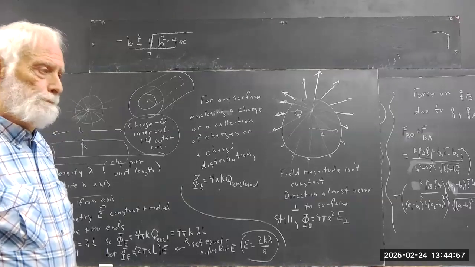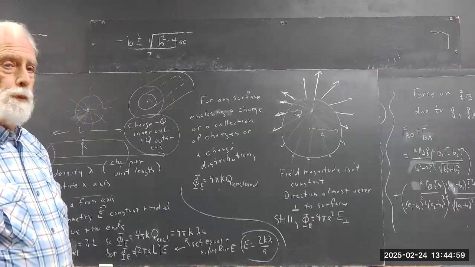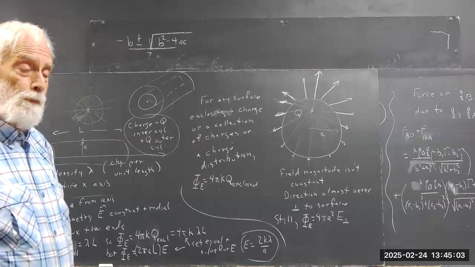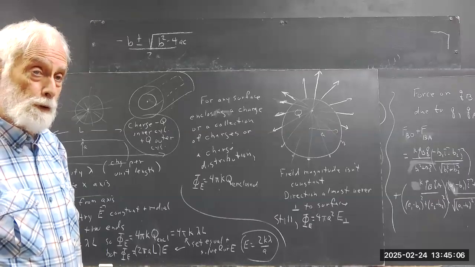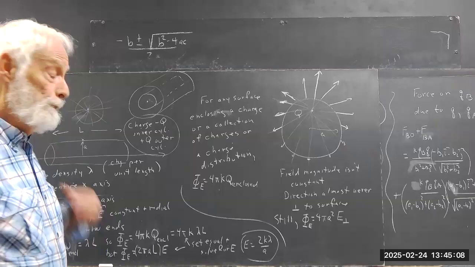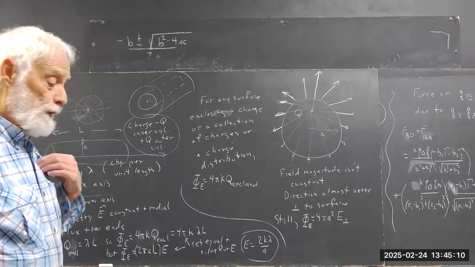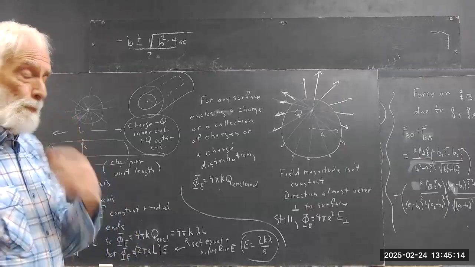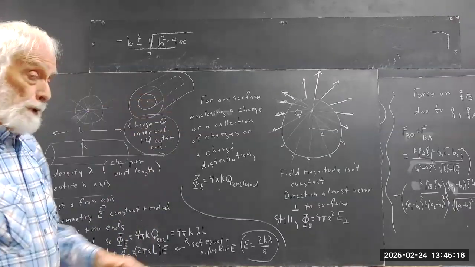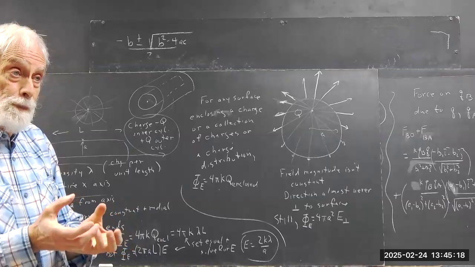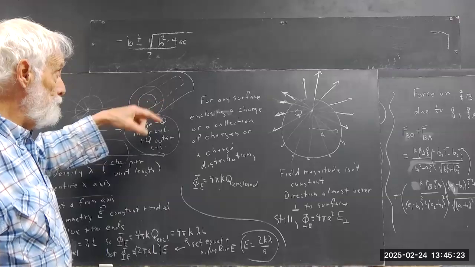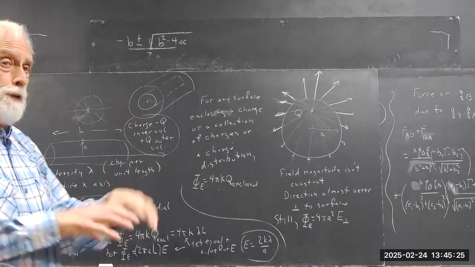Now the circuits we've looked at are basically just circuits that we make up with batteries and nichrome wire, resistance wire. We said that there's no place for charge to accumulate. But here you have a place where you can separate some charge. You take some charge off the inside and put it on the outside.